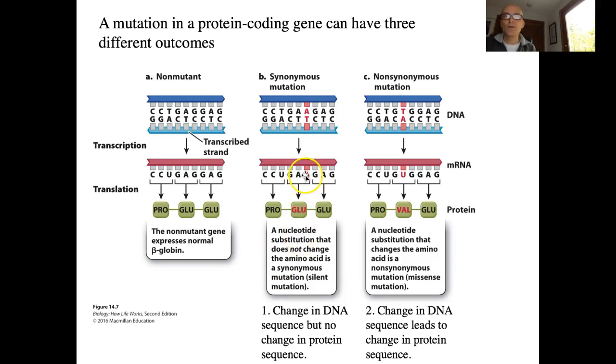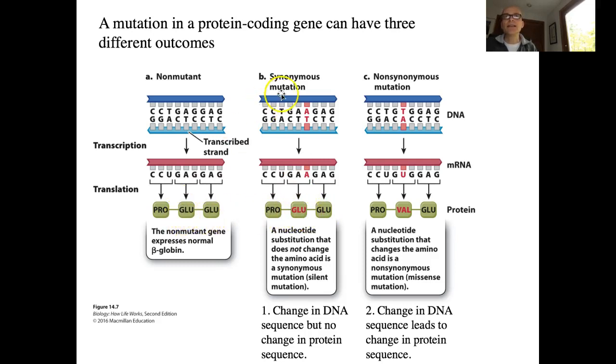That is the third nucleotide position that often doesn't change what the triplet codes for with respect to the amino acid. So whether it's a GAG or a GAA, both of those triplets code for glutamine. So it doesn't matter, if you will, for the protein, because there's no change.